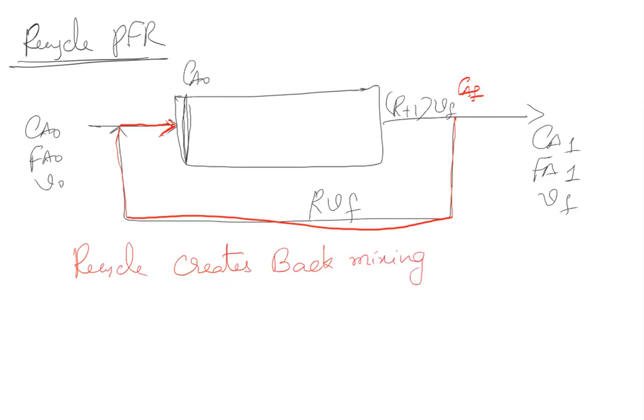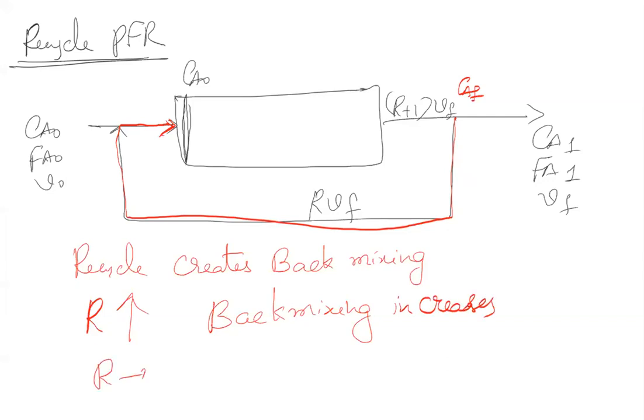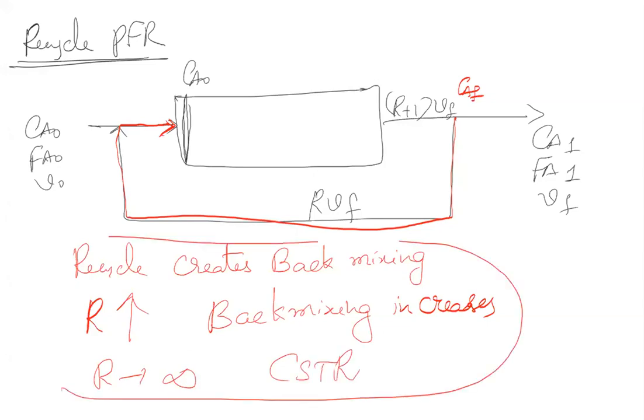If recycle increases, back mixing increases. Suppose recycle tends to infinity, then it becomes a CSTR. When recycle is equal to 0, it is a PFR. When recycle is infinity, it becomes a CSTR.